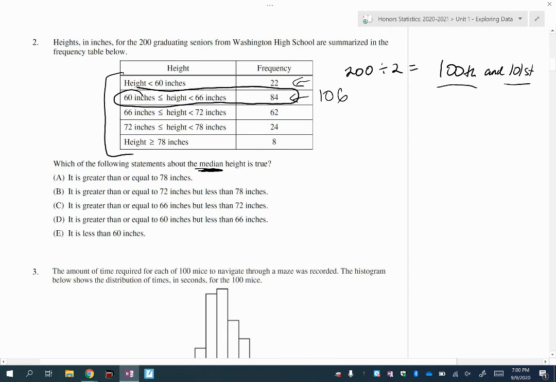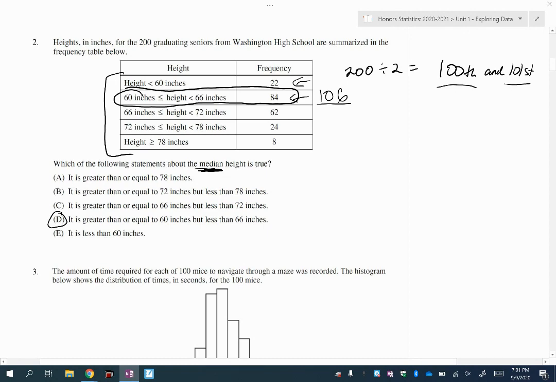Now, I know you might be confused, because there's only 84. Yes, but because there were 22 before that, when you add the 84, you go past the 100th and 101st. So for my answer choices, I'm looking for the bin for greater than 60 inches but less than 66 inches, which looks like this letter D.